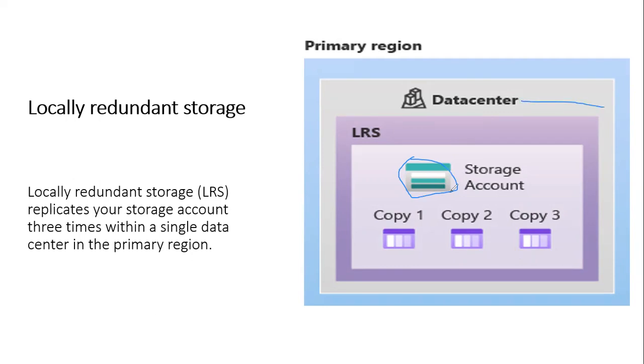Now, when I have stored one CSV file, what happens is the data replicates your storage account three times within the single center in the primary region. So whenever we are creating a storage account and uploading the data, what Microsoft Azure does here is it creates three copies of our data: one, two, and three.